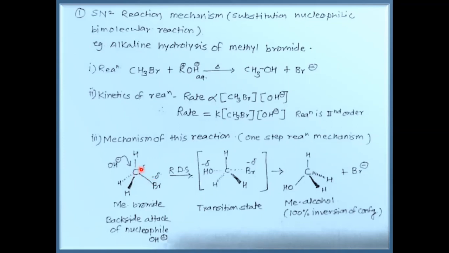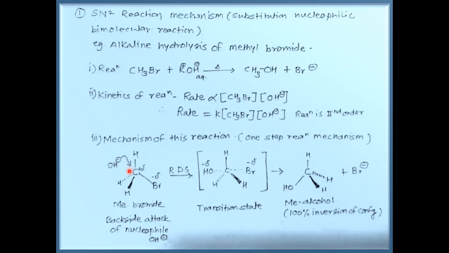Hence the nucleophile from KOH will attack. In methyl bromide, there is backside attack of nucleophile OH minus. This nucleophile attacks from the backside of the methyl bromide molecule.